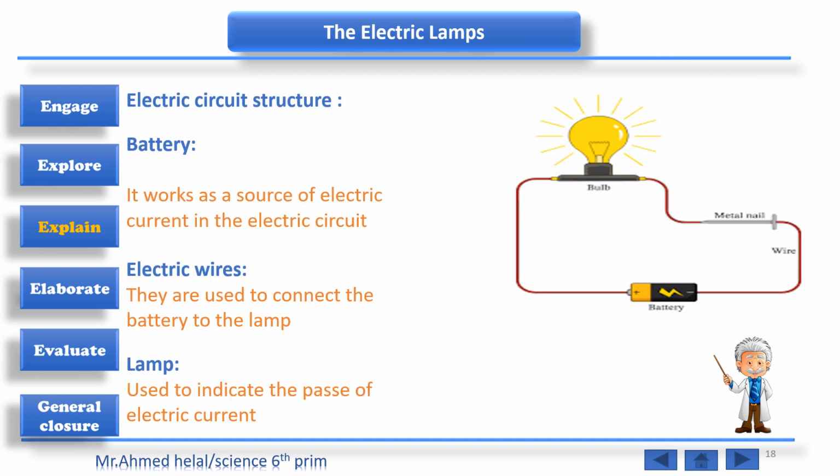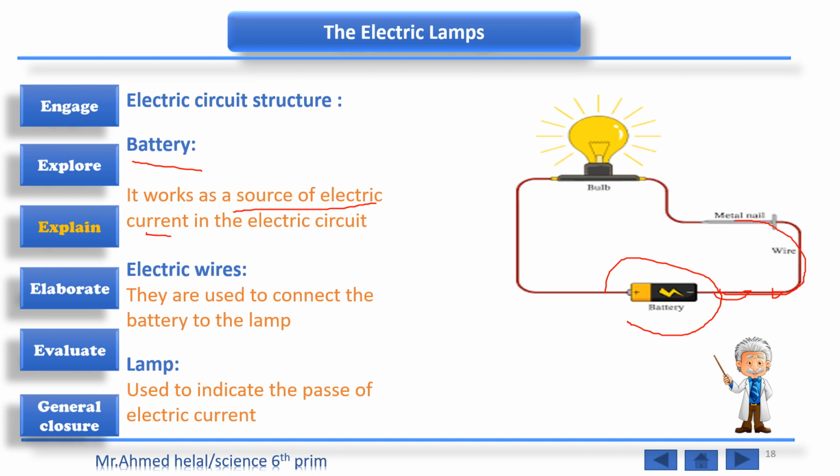First, we'll talk about the battery. This is the battery. What is the function of the battery? It works as a source of electric current. Second, we'll talk about the electric wires. Electric wires are used to connect the battery to the lamp.